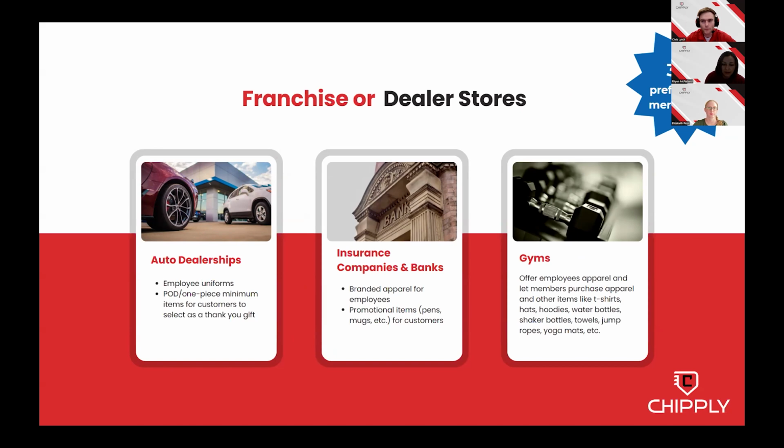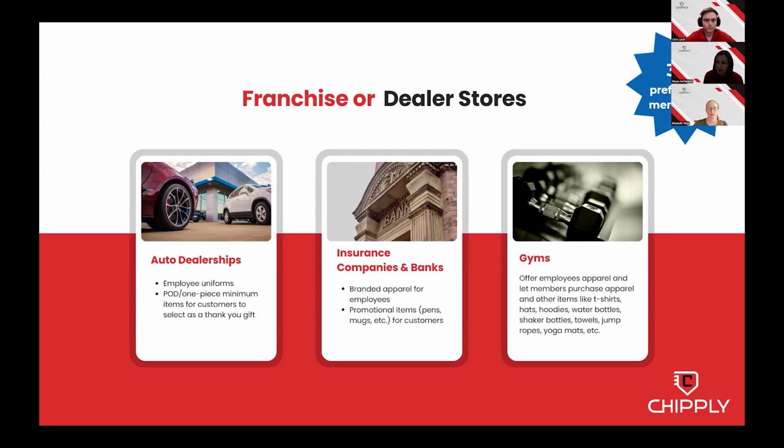The way that Shipley has set up group products now makes it really easy to have a one free item, which is a great option to send out to a customer that maybe made a large purchase at the auto dealership, or a repeat customer that's been with a bank or an insurance company for years and years.